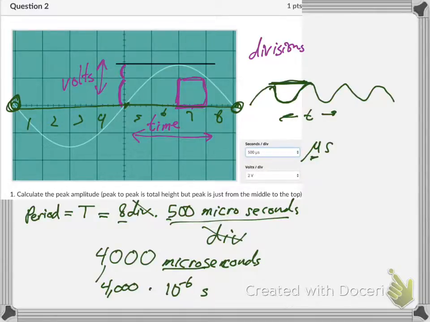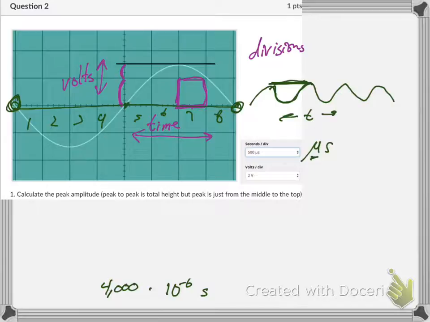We discovered the period was this, but we know the period equals 1 over the frequency. And if that is true, we also know that the frequency equals 1 over the period. So if we want to find the frequency, it's equal to 1 over 4,000 times 10 to the negative 6 seconds.